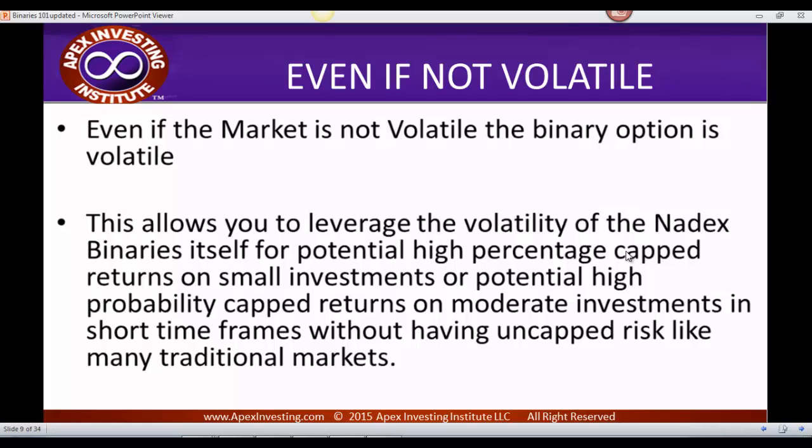We're going to be talking about trend trading, scalping, reversal trading. Nadex also has, you might be familiar with, the 20-minute binaries and the 5-minute binaries. We're going to be showing and talking about exact systems and strategies we use for those.